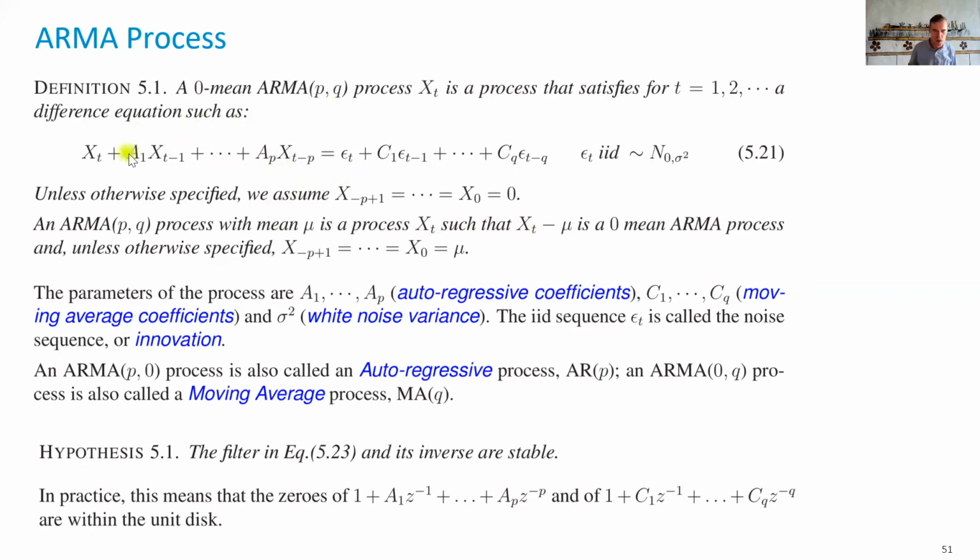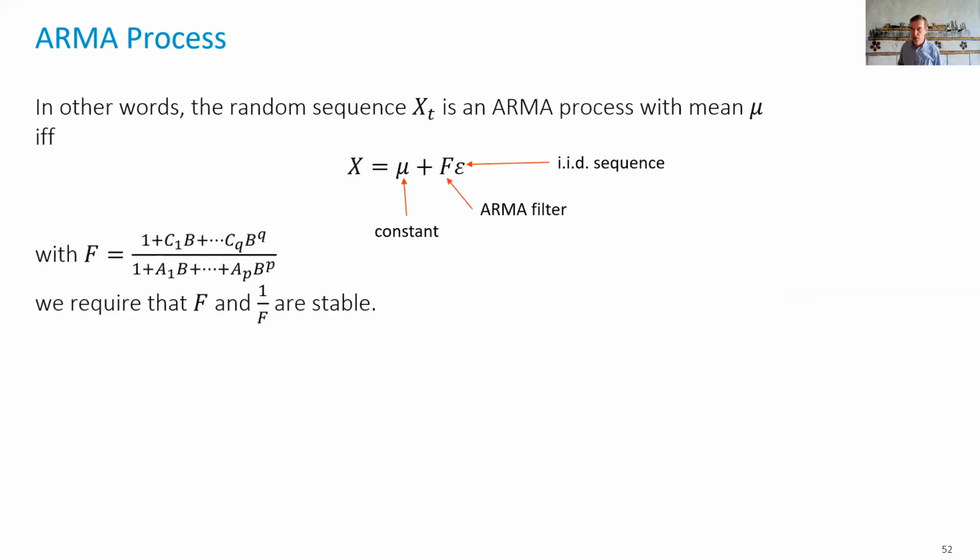So you apply this equation where every X is replaced by X minus mu. Here we assume that the filter that's defined here and its inverse are both stable. If I want to write that in a more compact form, using what we saw yesterday, if I call F the ARMA filter, in operator notation, I can write it in this way.